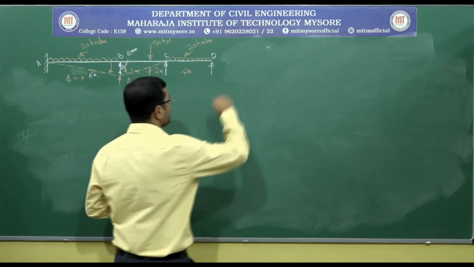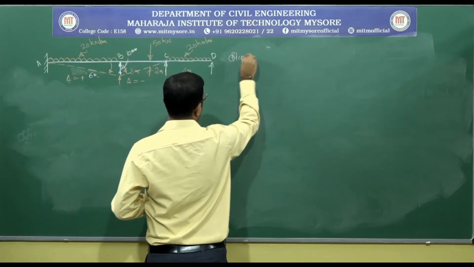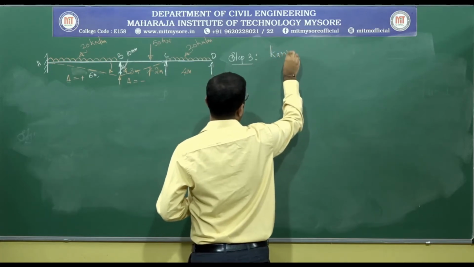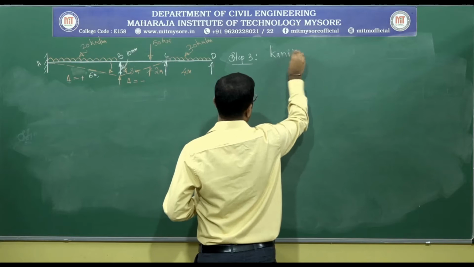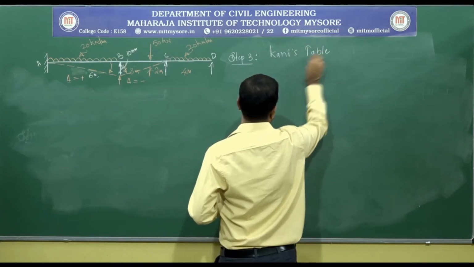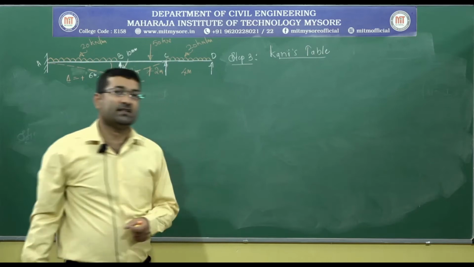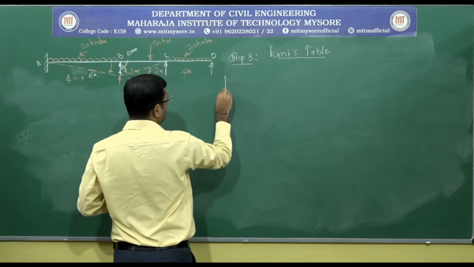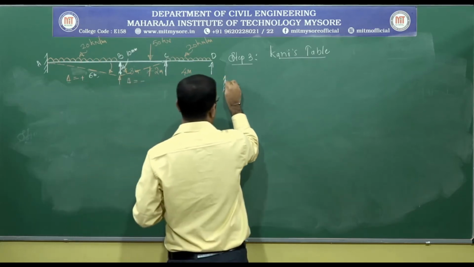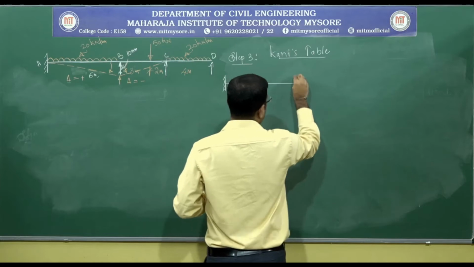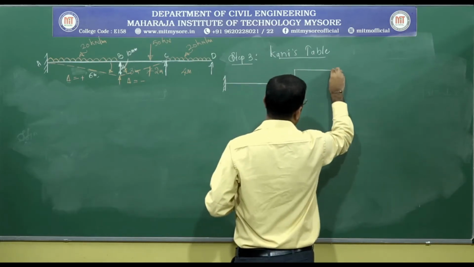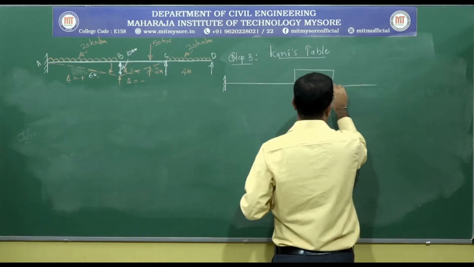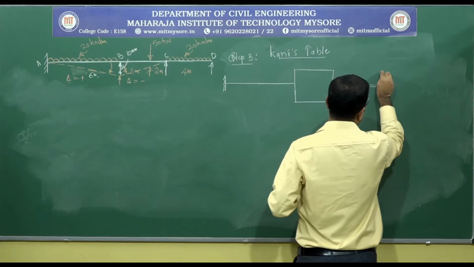In step number 3, that is Kani's table, we need to write the Kani's table. In the Kani's table, we need to represent the members as they are. We have to replace the joints by boxes. So, here I am replacing the joint B by a box.